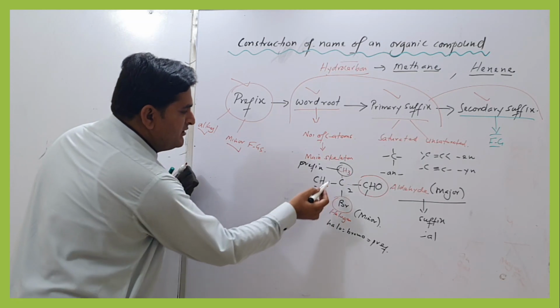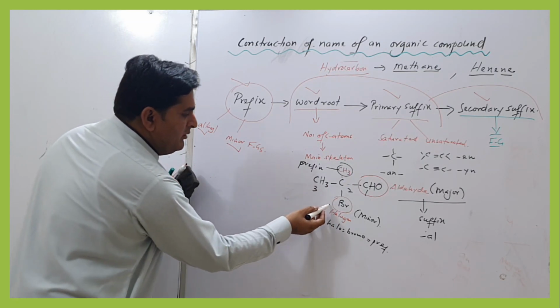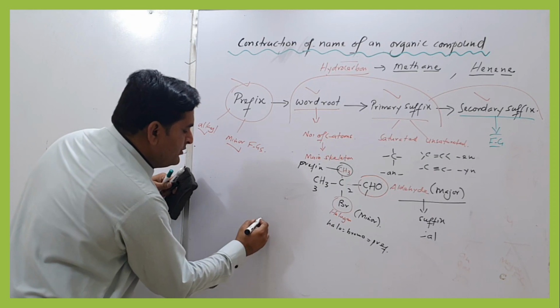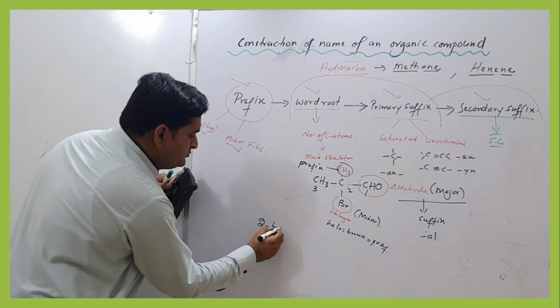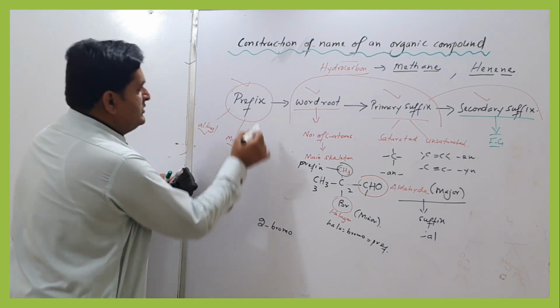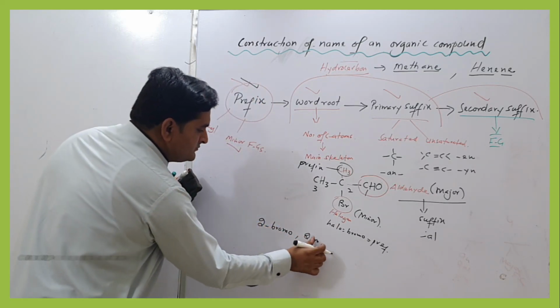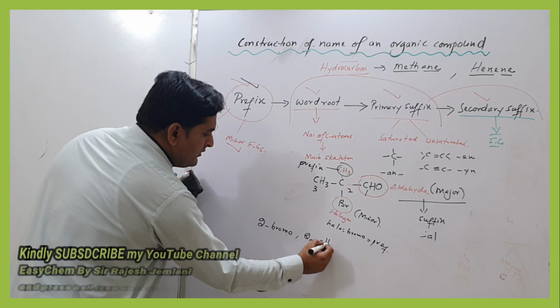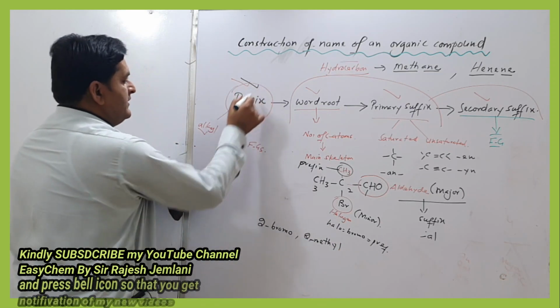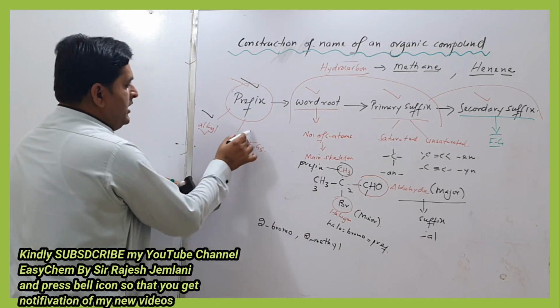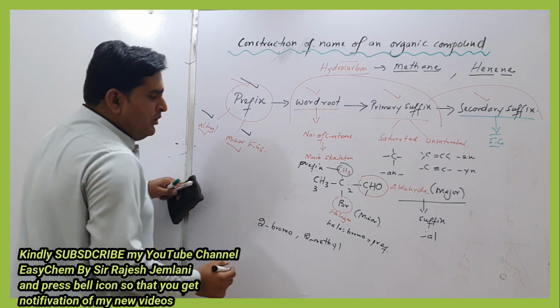One is bromine and the other is methyl. Alphabetically, bromo comes before methyl. So 2-bromo, 2-methyl. Methyl is the alkyl group and bromo is the minor functional group.